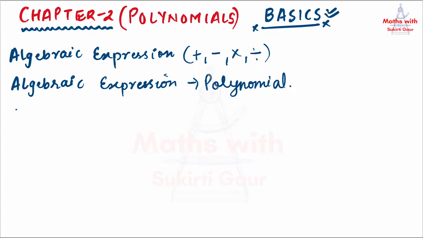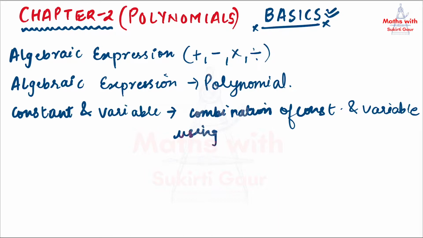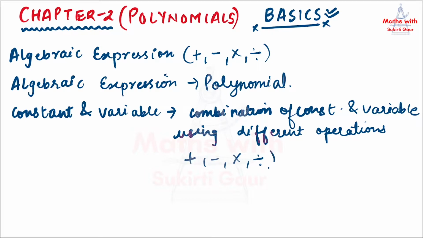Let us quickly recall what constant and variable are. As we know, algebraic expressions are formed by the combination of constants and variables using different operations like addition, subtraction, multiplication and division.